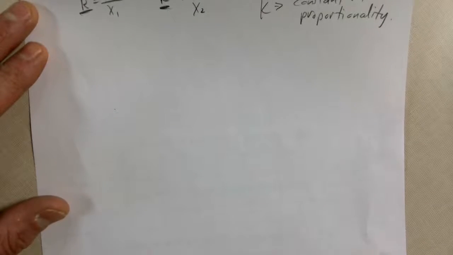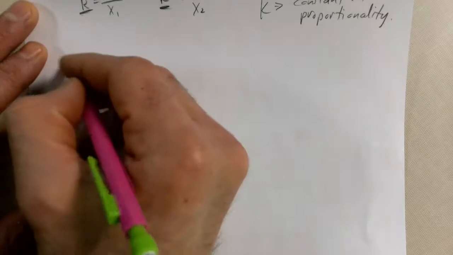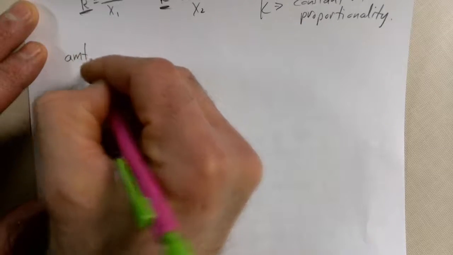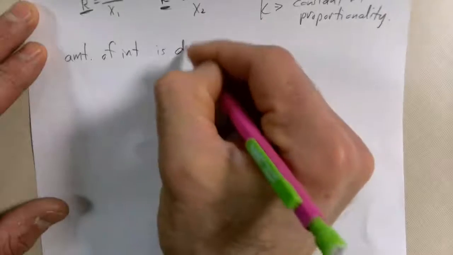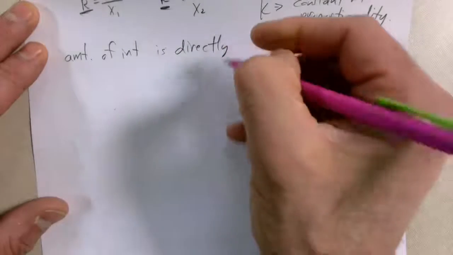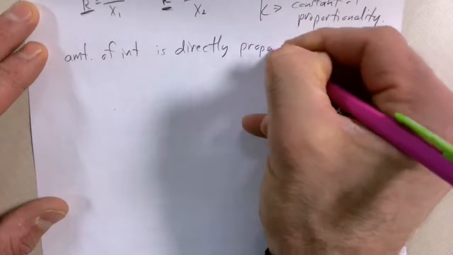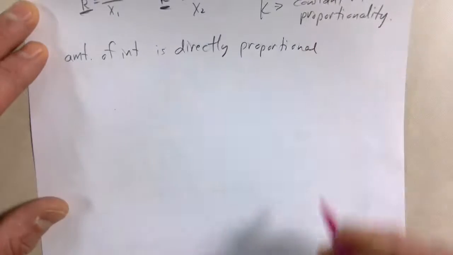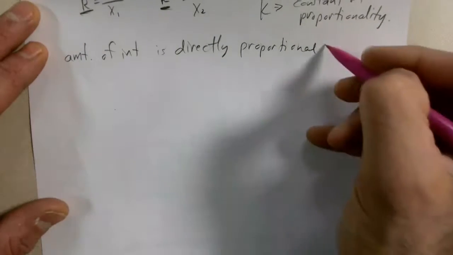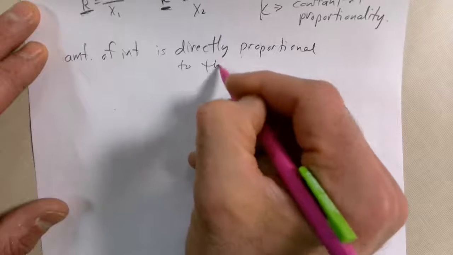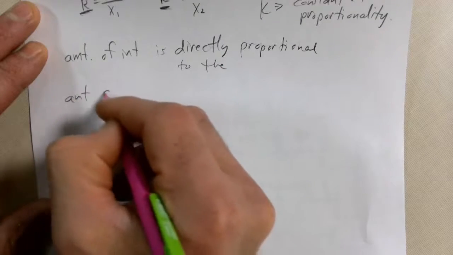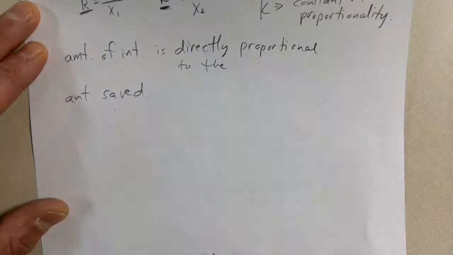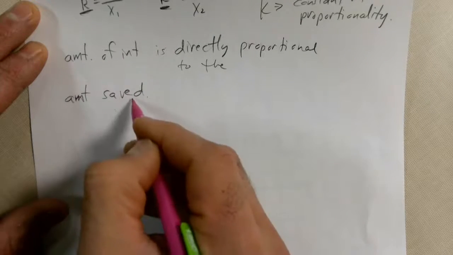Suppose you're doing like a banking, interest, money kind of problem, and you say the amount of interest is directly, here's that vocabulary, directly proportional to the amount saved. And let's see if that makes sense. The more you save, the more interest you get.